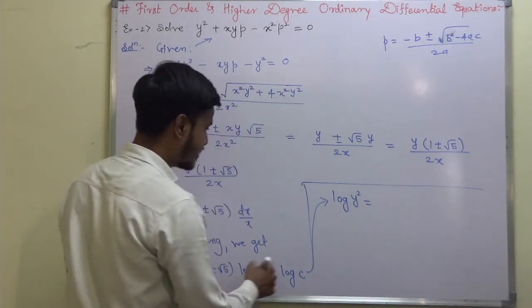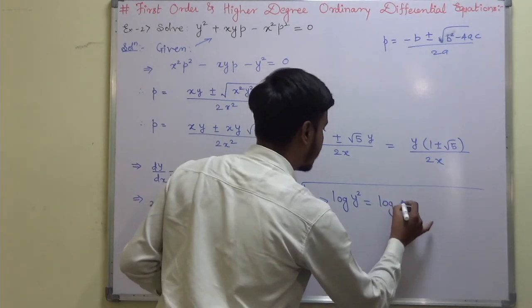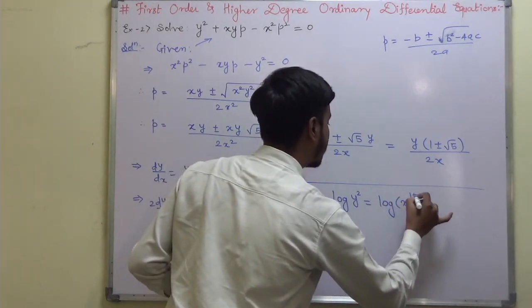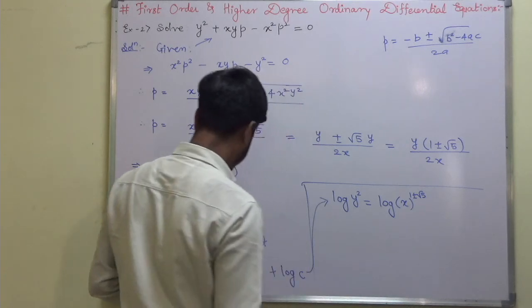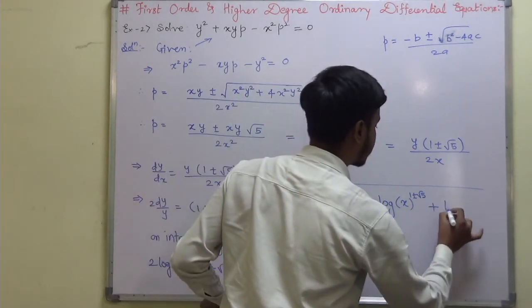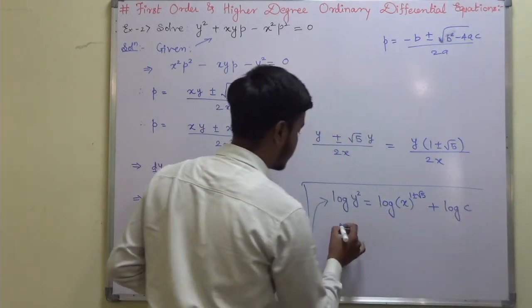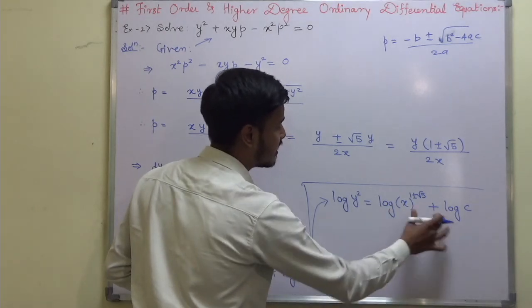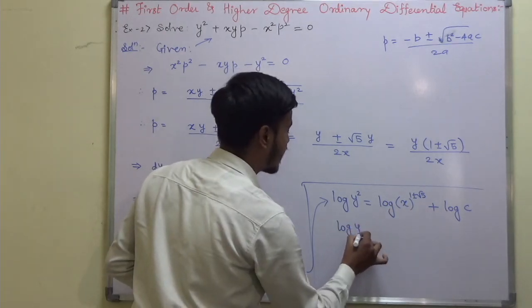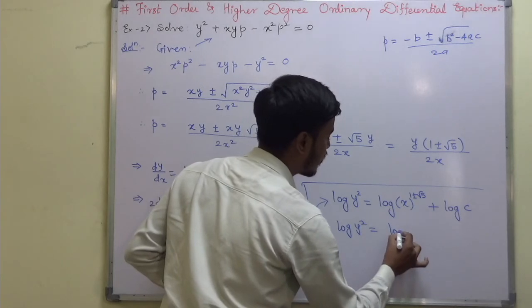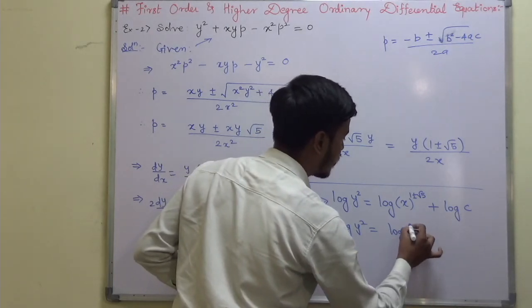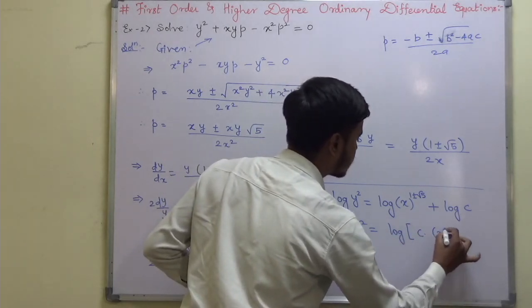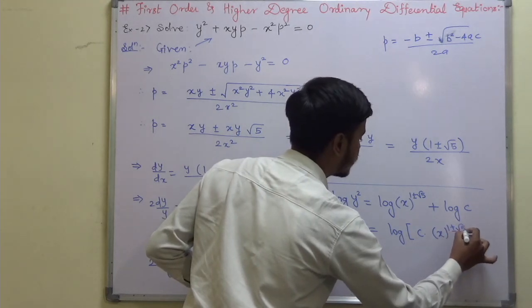So I can write this one as log of x power 1 plus minus root 5 plus log c. So this can be written as, log a plus log b is log of a into b. So this is log of c into x power 1 plus minus root 5.